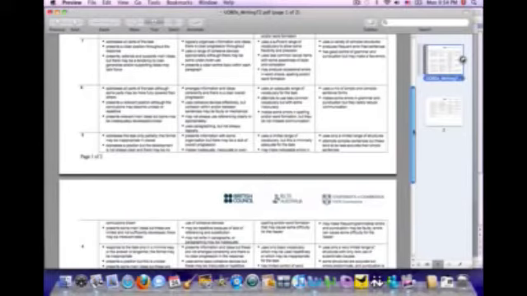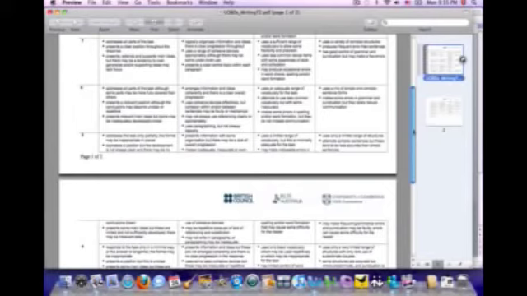At a Band 6 level, cohesive devices are used more accurately. So linking phrases are employed somewhat with skill. Both simple and complex sentences are again used with more accuracy.